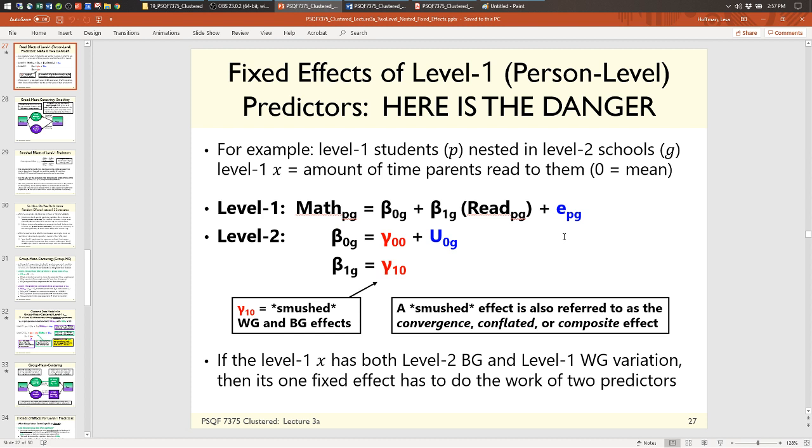I could calculate the proportion of students who were read to last night, and that proportion would range from 0 to 1. And I could take my value and subtract that school's proportion, and I'd end up with a decimal, like a 0.3 or a 0.7. Now there's nothing wrong with that, but it's weird because 0.3 and 0.7 aren't logically possible values.